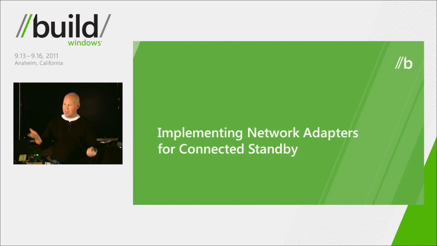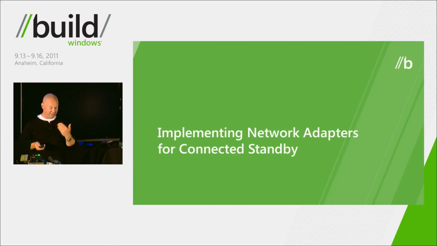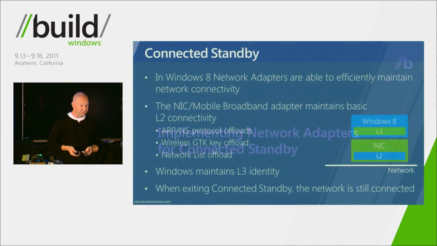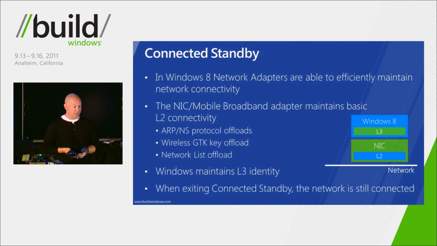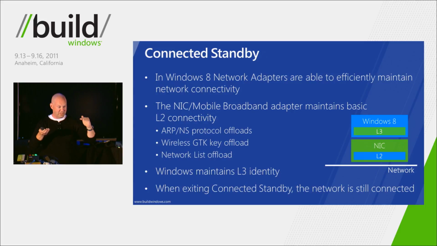So with that framing of connected standby, again, remember, it's this really low power state. Let's delve into some details about how you implement network adapters for this and how it all fits together. In connected standby in Windows 8, what we expect is that network adapters are able to efficiently maintain network connectivity. So imagine that we've got this very low idle, trickle thing, and we're maintaining our connectivity.